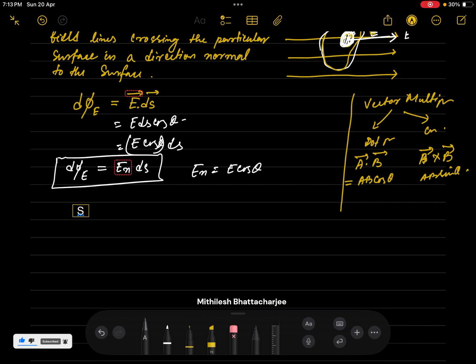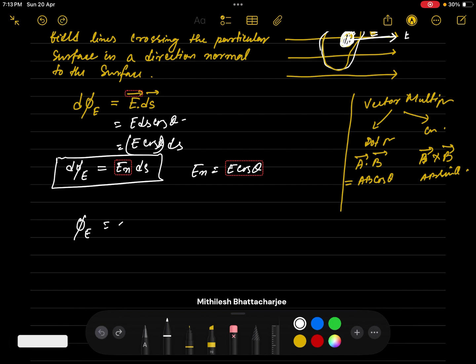So phi E is the integration of d phi E, which equals the surface integration of E dot ds.